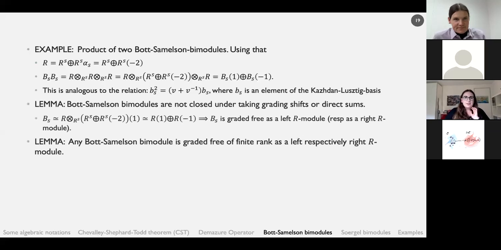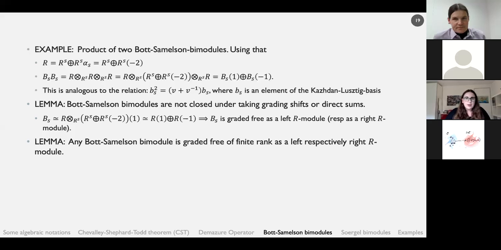I've mentioned that Bott-Samuelson bimodules are closed under tensor products, but on the other hand, they are not closed under taking grading shifts or direct sums. We see this from the fact that BS is isomorphic to R with a shifting grading of 1 direct sum R with a shifting grading of -1. This implies that BS is graded free as a left R module.